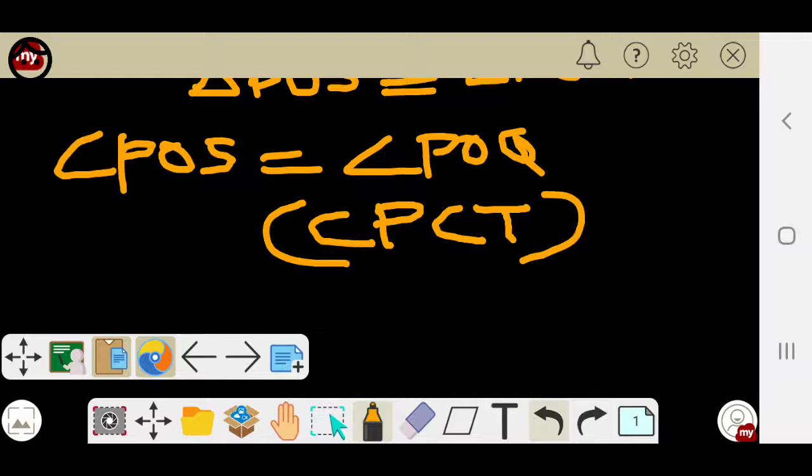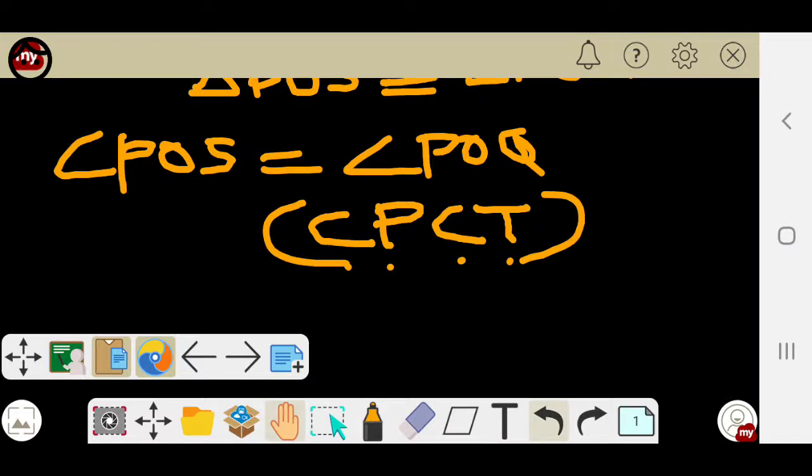Actually, you have to study this in the 7th chapter, but the 7th chapter is not included in this term. Otherwise, you've already studied this. Then by using CPCT, angle POS equal to angle POQ.